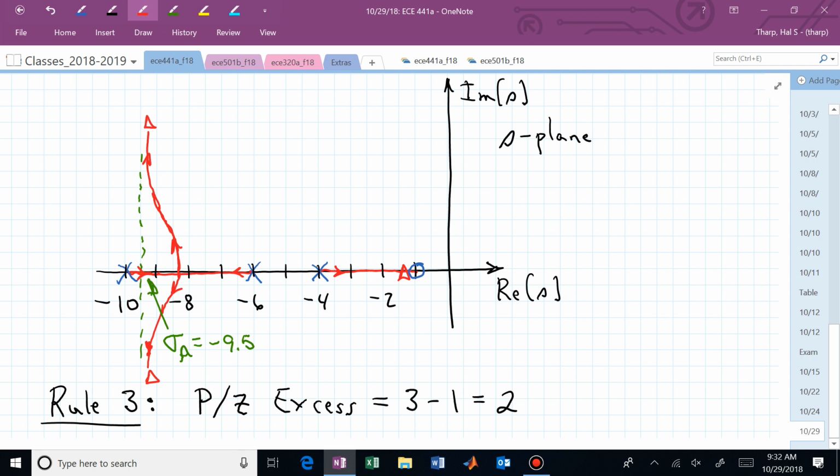It will have a little bit of an effect, but the majority of your behavior is actually going to be determined by those 2 poles that are complex conjugates.